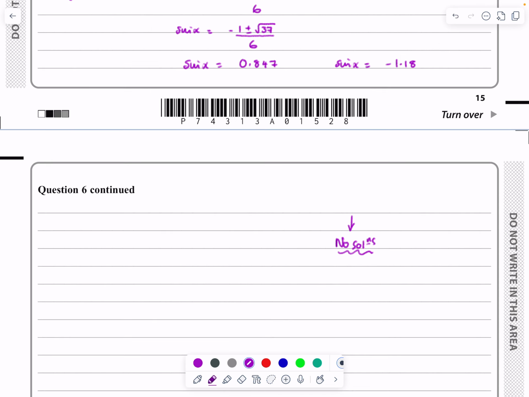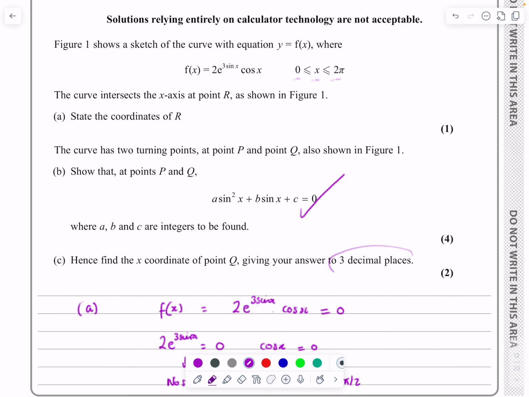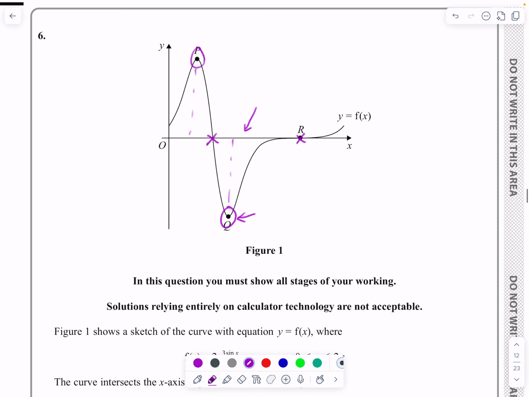And if sine x equals 0.847, then x works out to be 1.01 or 2.131, and it's asked us for the x value to 3 decimal places, and from the graph we can see there's my first value, there's my second value.